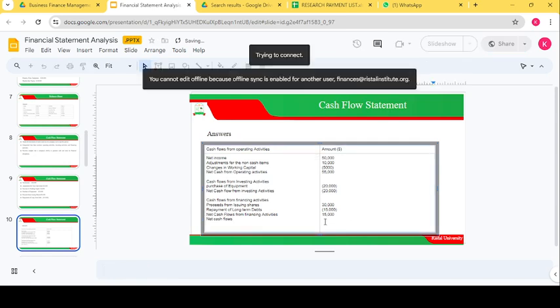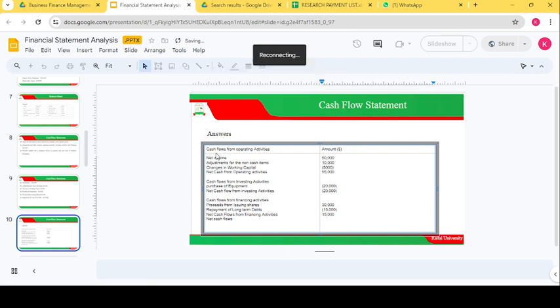Our net cash flows, we are going to add our cash flows from the operating activities, the investing activities, and the financing activities.